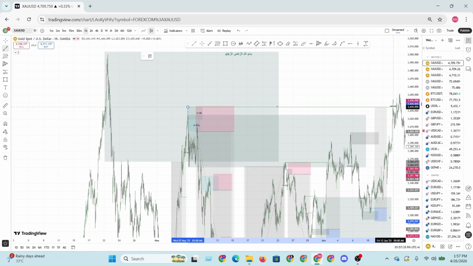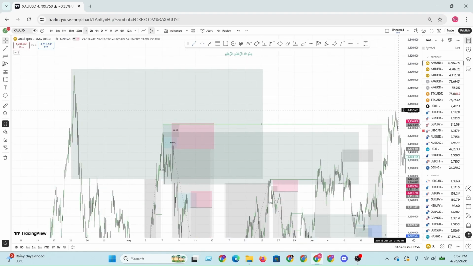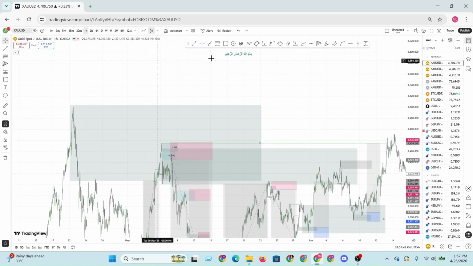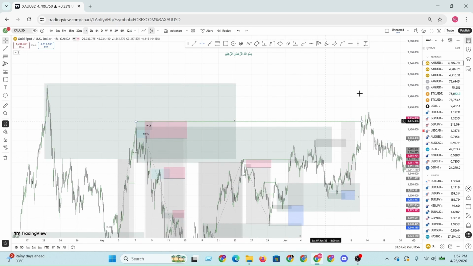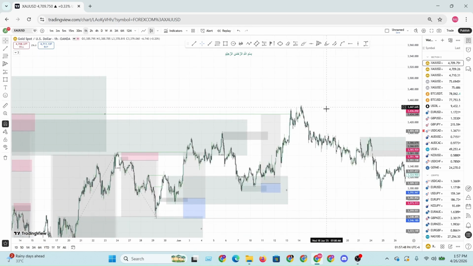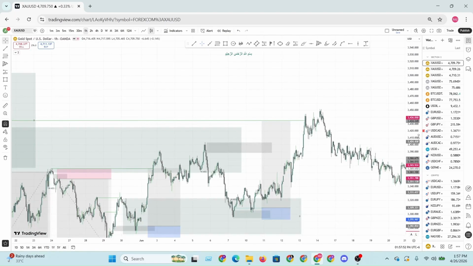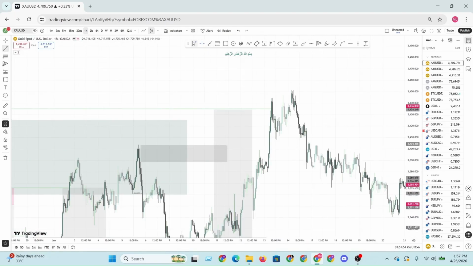Why are we targeting these liquidities? Because there is no such order block that we can target. That's why we are targeting the liquidities. So after a liquidity grab again we will see MSS. So there is the MSS here, but again a liquidity grab, then it gave MSS here.